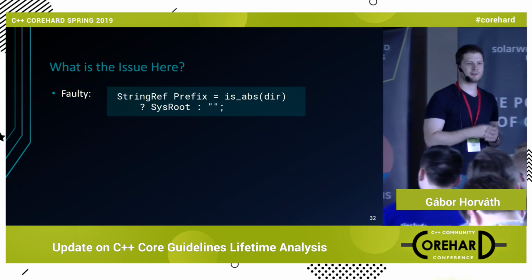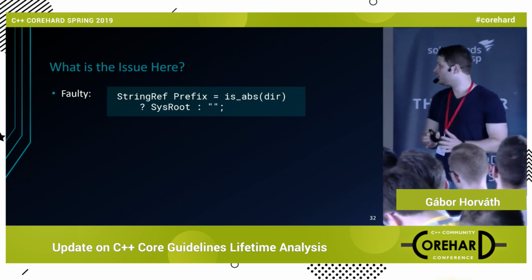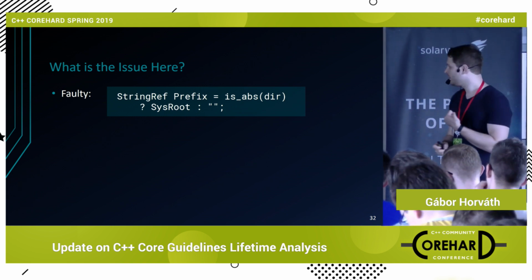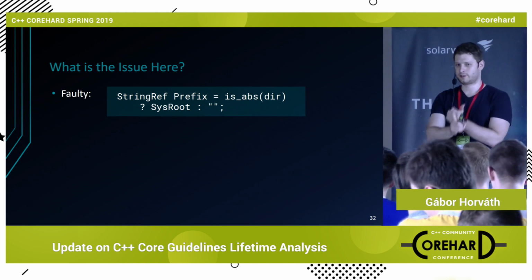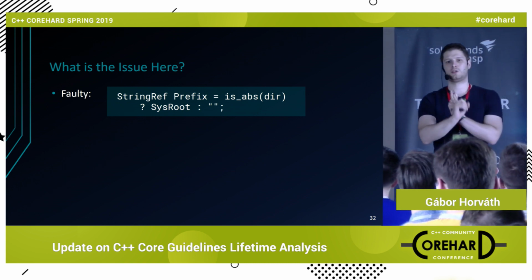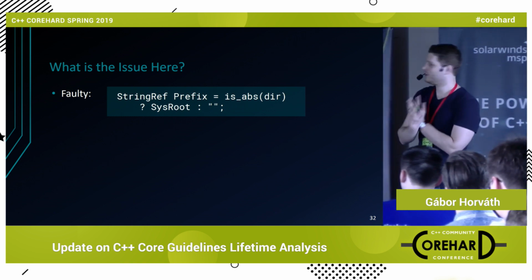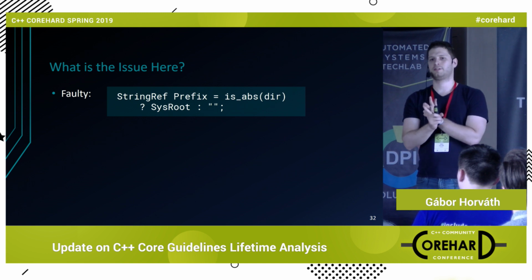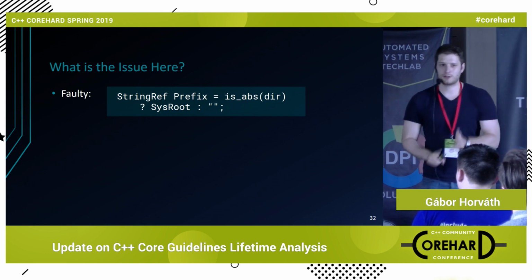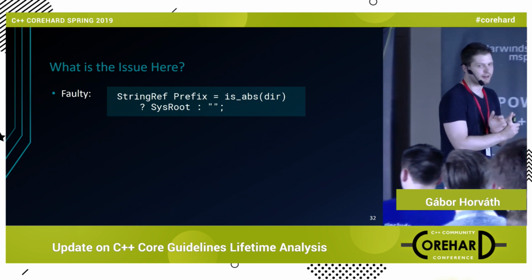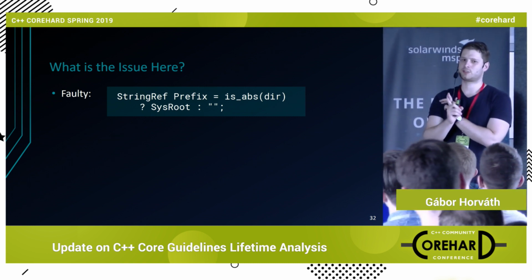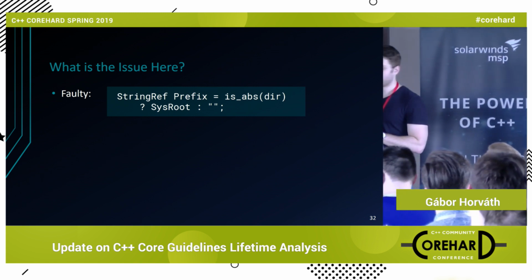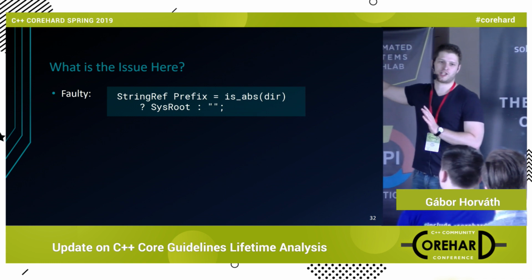So basically, in order to identify this problem, we need to know the types of all the variables we have in the expression. We need to know the language rules for the ternary operator. We need to know all the user-defined conversions, because we need to know that a string literal can be converted into a std::string. And we also need to know that a StringRef can actually bind to a std::string. So we need to know a lot of things. And when we do a code review, we only see this line as changed.